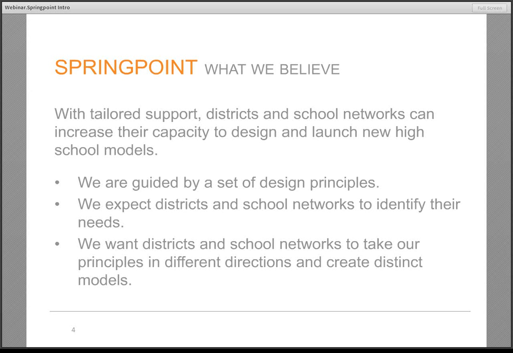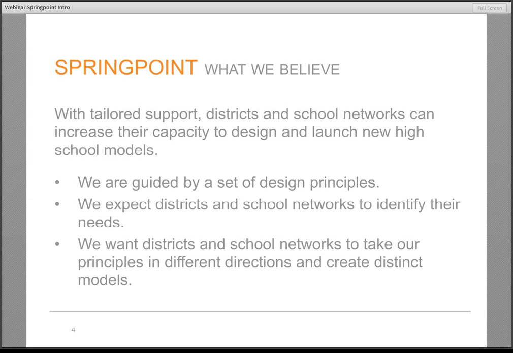We expect across the country, as the districts and school networks we work with design schools based on these principles, that their models will be different because their resources will be different and their communities will be different. So they'll come out with different successful models of high-performing schools based on our design principles.